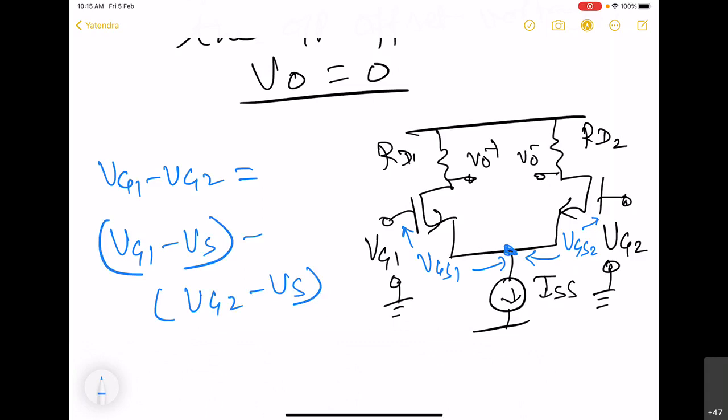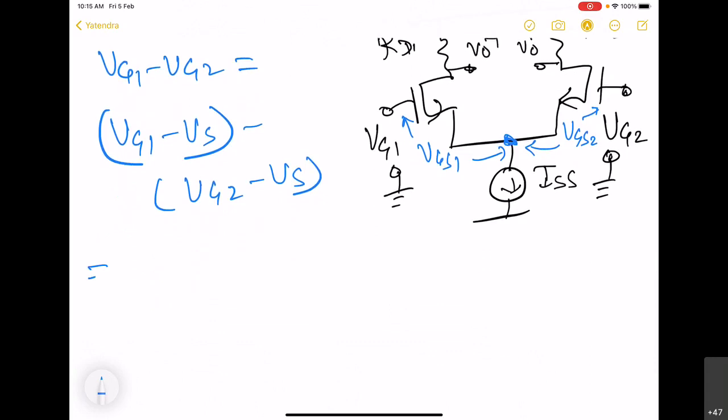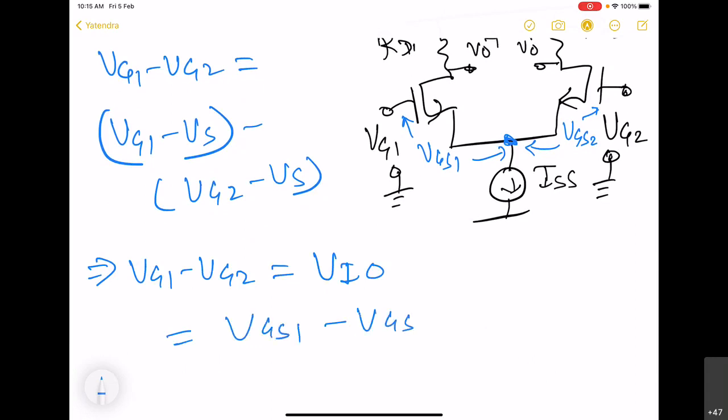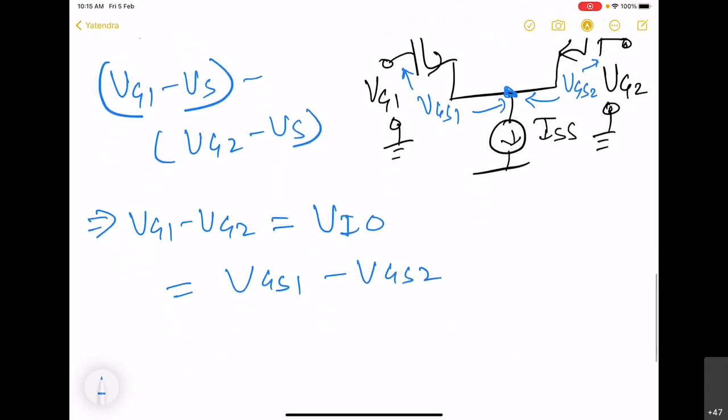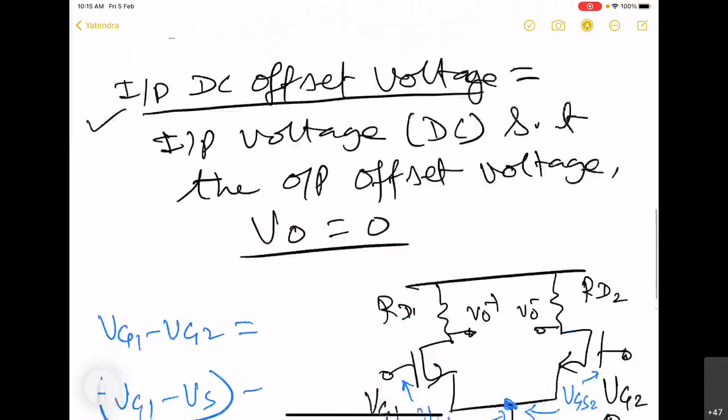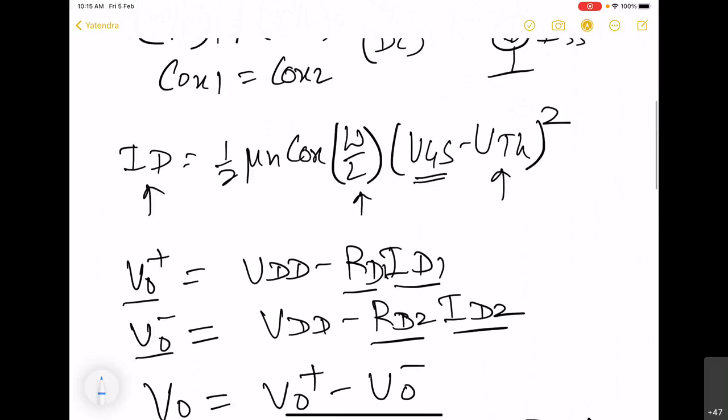Right. So this implies VG1 minus VG2, which we will call as input offset voltage, is equal to VGS1 minus VGS2. And now we can use this equation to convert VGS into ID, right?